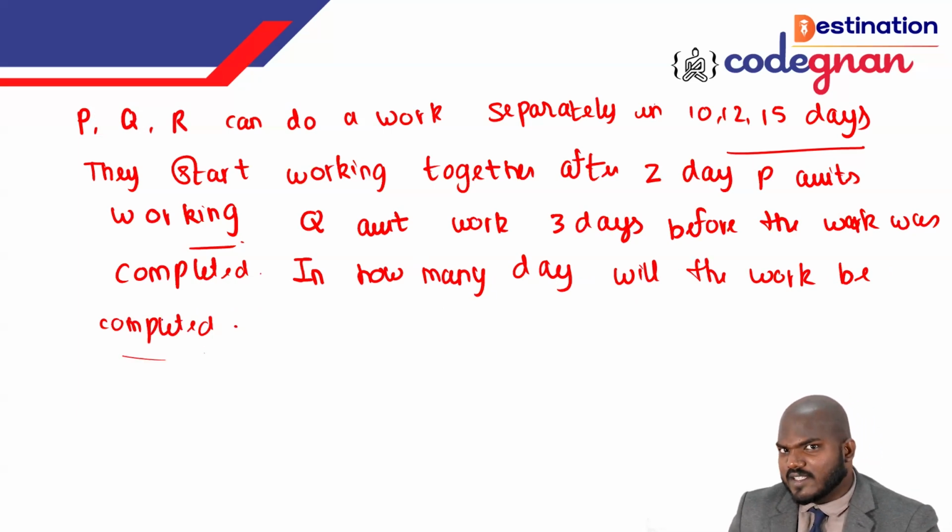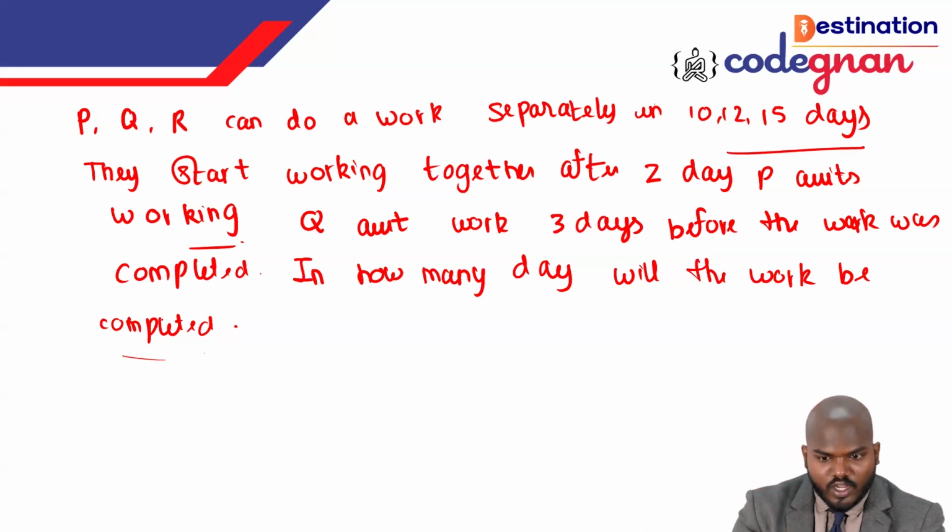It's a little bit of a big question, so I'll read it out to you guys. PQR, 3 people, work separately in 10, 12, and 15 days. They started working together, and after 2 days, P quits. So you can understand P works for 2 days only.